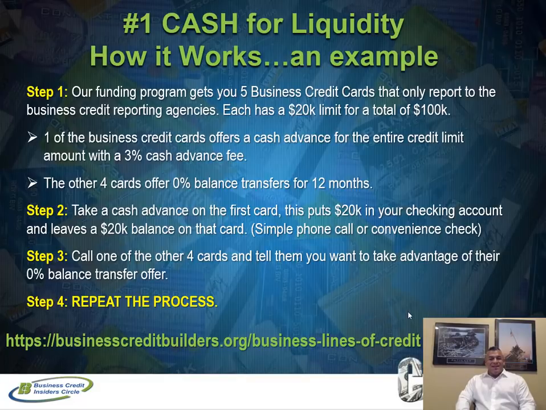Now the last thing is you're going to repeat this process, because remember, card number 1 now has $20,000 available credit again, because you just paid it off, and that's the card that allows you to pull 100% of the limit. So you can repeat that process and get another $20,000 cash advance. Now you're going to have $40,000 in your bank account, and you go to card number 2, do a balance transfer, pay off card number 1, and transfer it over to card number 2 at 0% for 12 months.